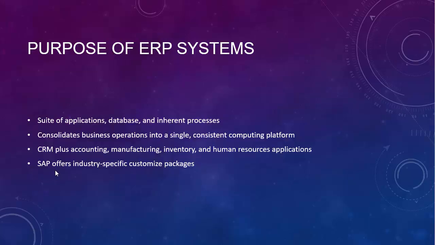And so a company that you might buy this from is SAP. And so SAP has developed these ERP systems for companies to buy. And they maybe cost hundreds of thousands, maybe millions of dollars to buy these systems, and then they send their people in to help you customize it. And it may take 6 months to 2 years to implement an entire system. And these are for big companies.